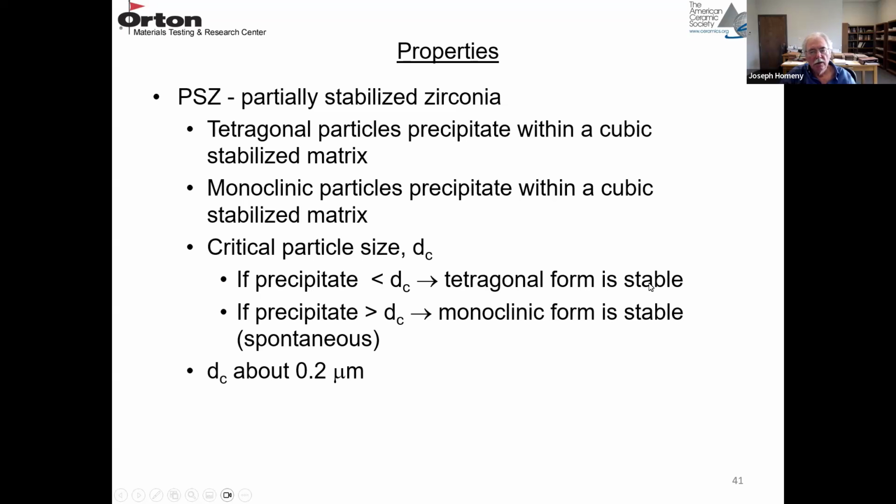It's constrained by the matrix from transforming. If the particles are larger than this critical size, the transformation takes place and you have monoclinic precipitates. And that's a spontaneous transformation upon cooling. This critical size is about 0.2 microns. So depending on how you heat treat this after the firing process and the size of the crystals you grow, you'll either have tetragonal precipitates or monoclinic precipitates.